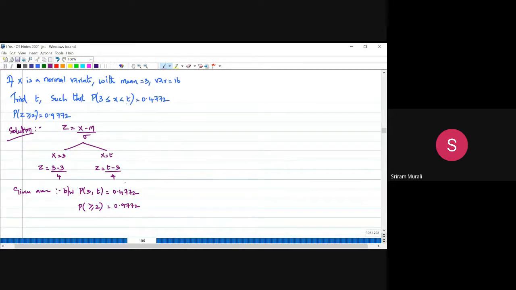You shall compare this value because you have to find t. So what is the z value here? For 0.4772, the z value will be equal to 2.